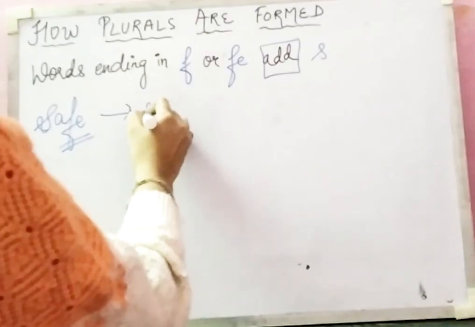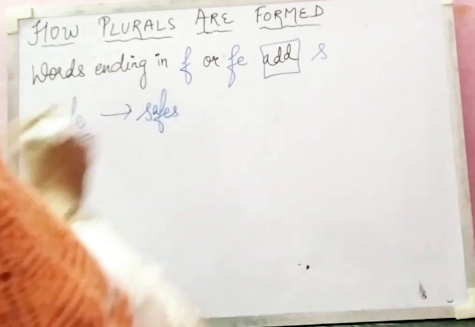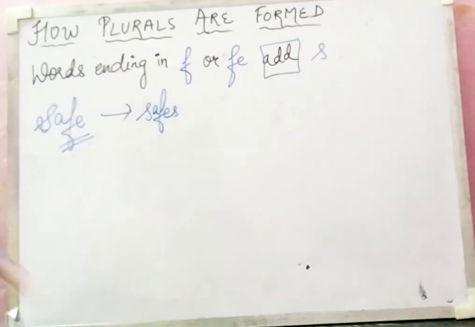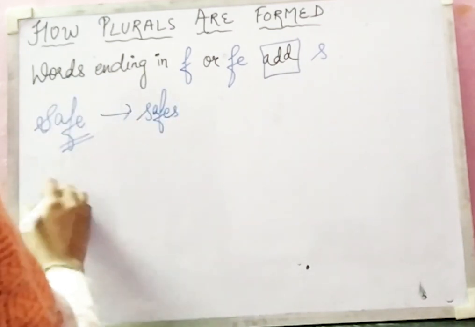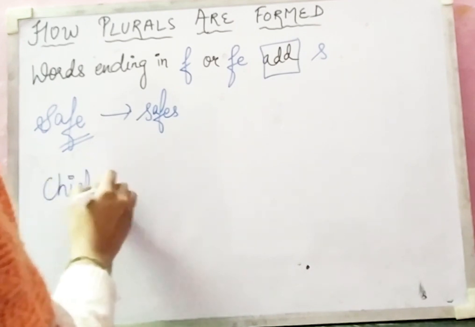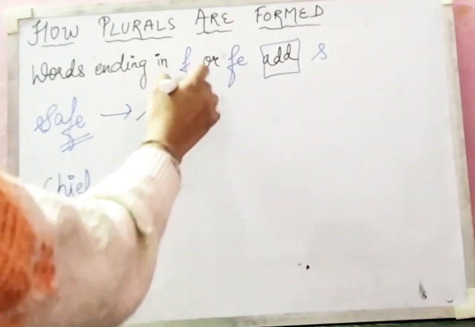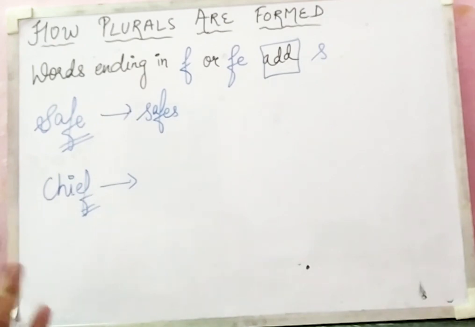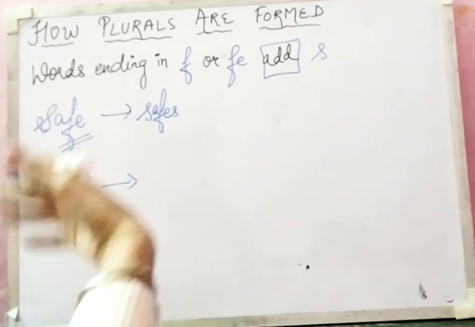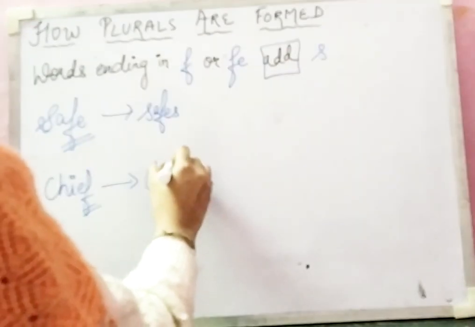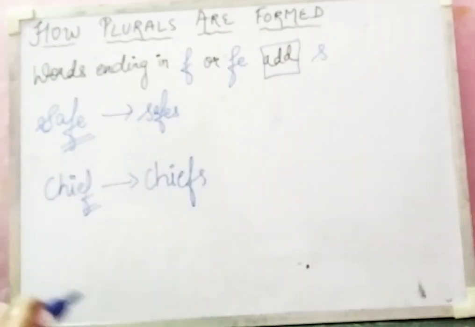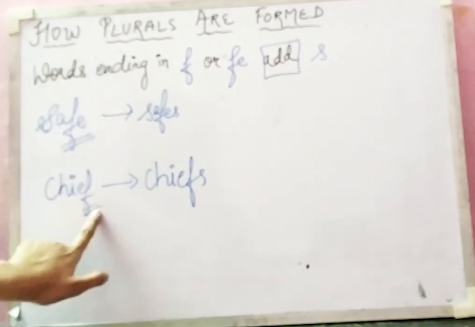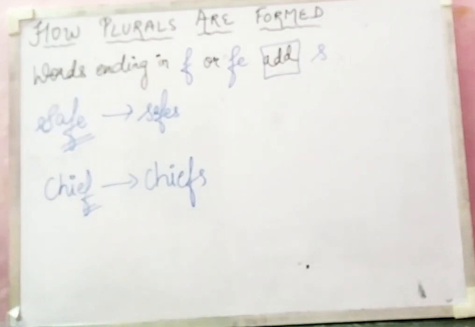Means that will be safes. Similarly, we can take one more example like chief. Here there is only f, there is no fe. Similarly, we have to add s here also. Means in this particular point, we are told that for words that end with fe or f, we have to add s to make it plural.